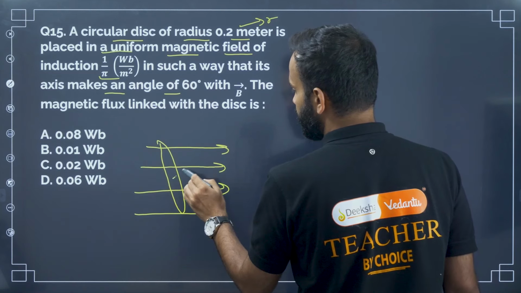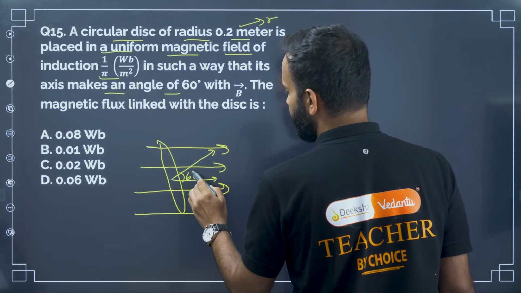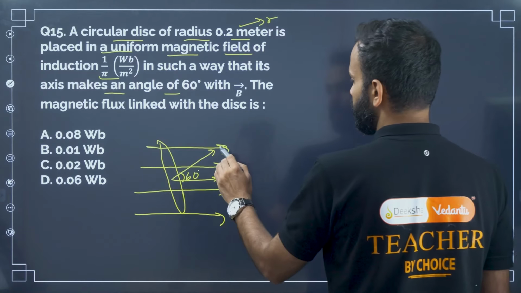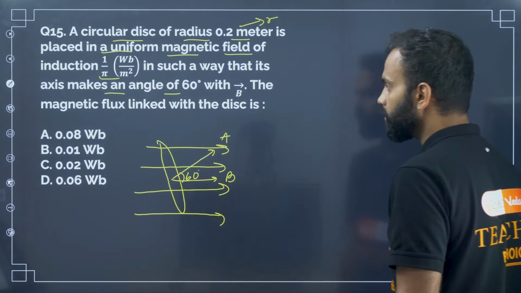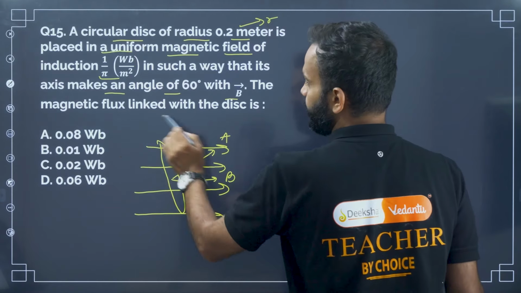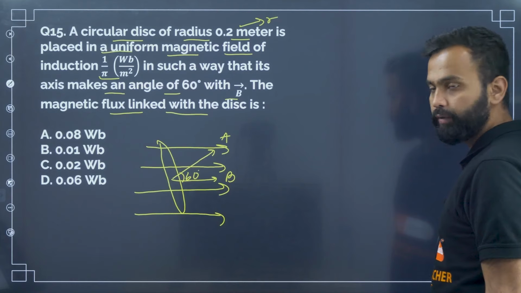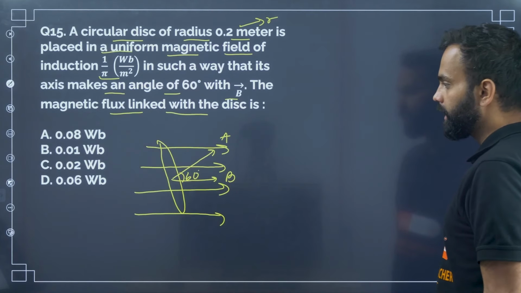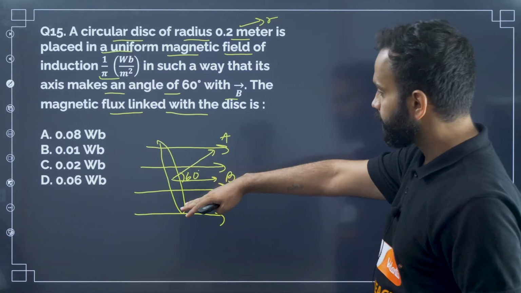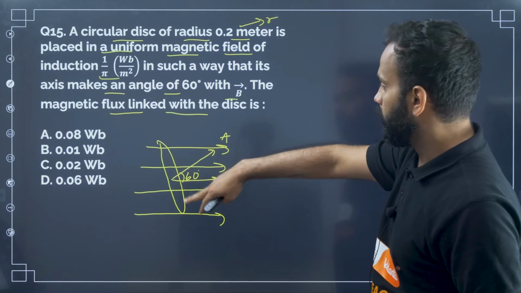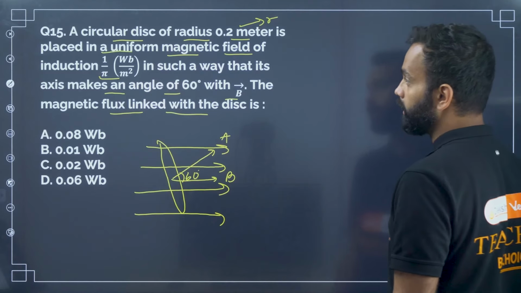This is the direction of A, this is the direction of B. We need to find the magnetic flux linked with the disc, that is the number of magnetic field lines passing normally through the plane of the circular disc, right?